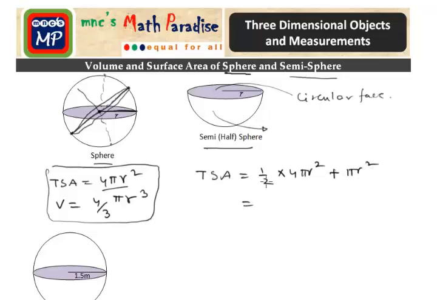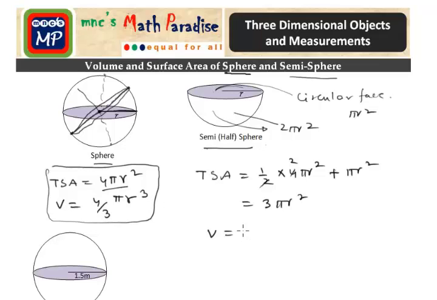So in total this 2 and 4 will give 2, so 2 pi r square and pi r square, so it will be 3 pi r square. So the total surface area of the semi-sphere or half sphere is 3 pi r square: 2 pi r square for half of the sphere's area, and 1 pi r square, that is pi r square, is for this newly generated circular face.